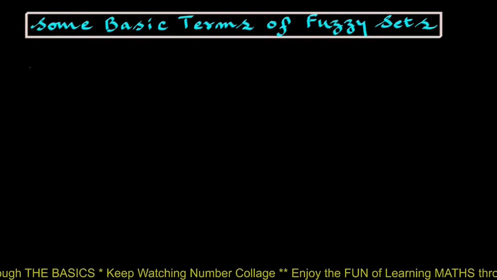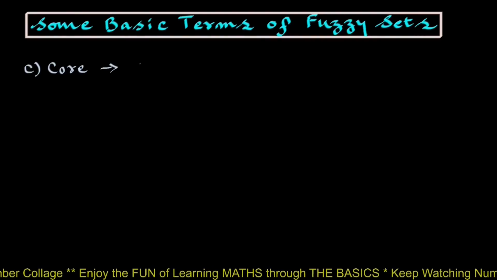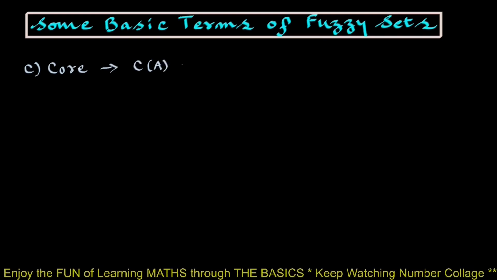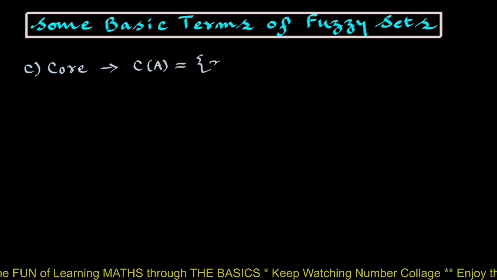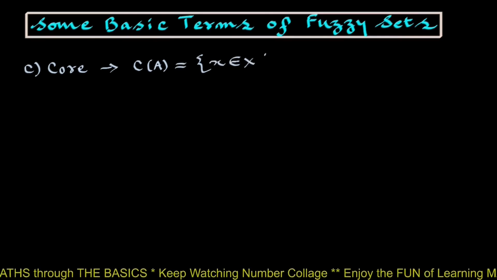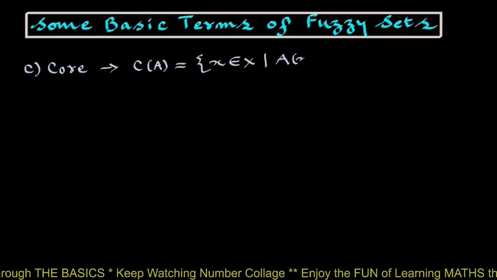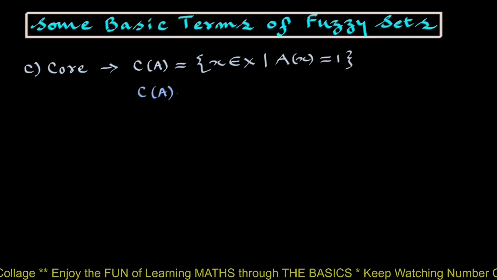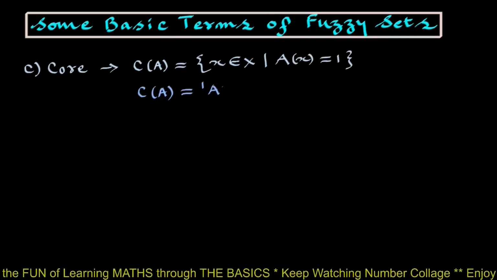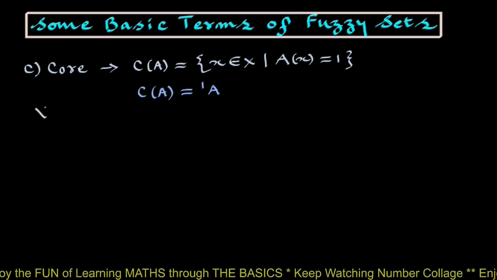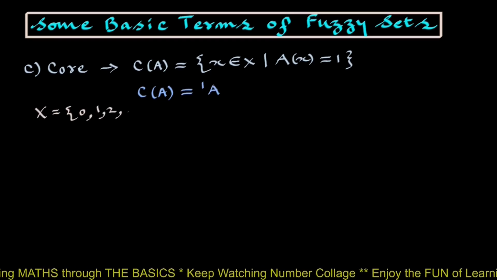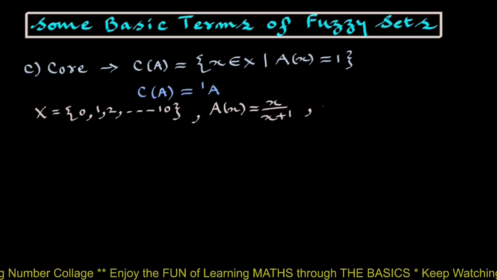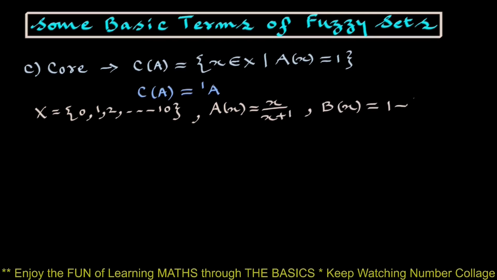Next basic term is core. Core of fuzzy set A is written as C of A and it is defined as all those values of set X such that grade value A of x is 1. In short, we can say that core of A is 1 cut A. For universal set X 0, 1, 2, etc., 10, let A of x is x upon x plus 1 and B of x is 1 minus x upon 10.